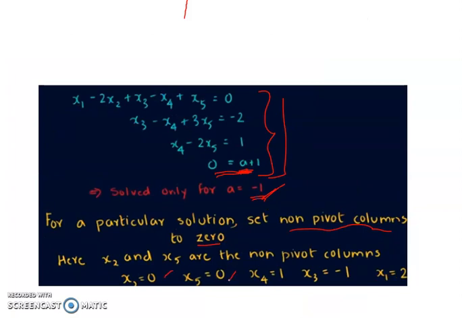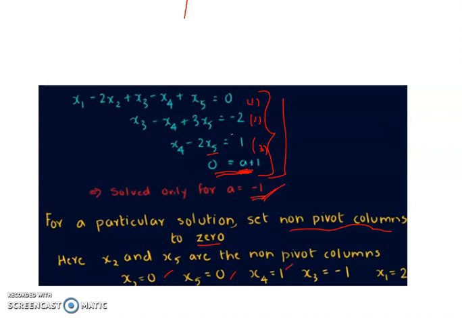Then apply the values to the equations that are generated over here. You will be getting the values for the variables x4, x3 and x1. How? First you need to substitute the value of x5 over here. So x5 is 0, then x4 value will be equal to 1.